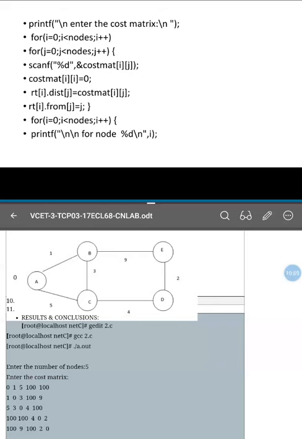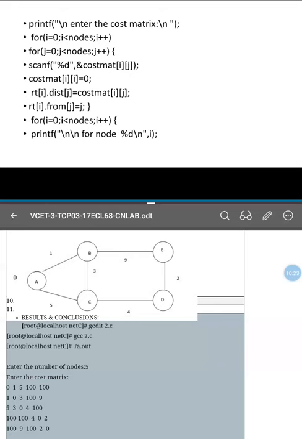So node is 5, and it will be cost matrix 0,0, 0,1, 0,2, 0,3, 0,4 till 4,0, 4,1, 4,2, 4,3, 4,4. That is how the matrix is written. In the cost matrix, this is the figure using which the matrix is written, and this is a user input.